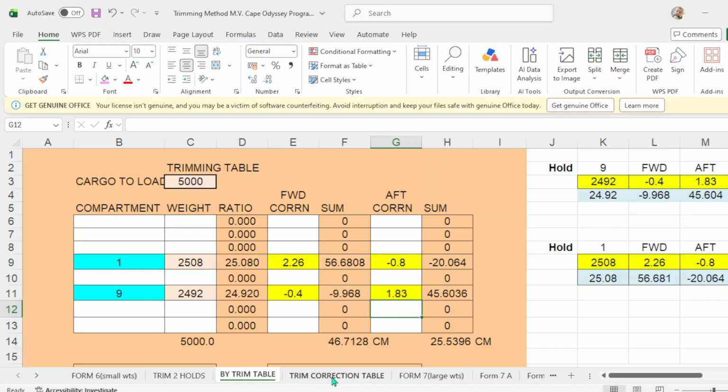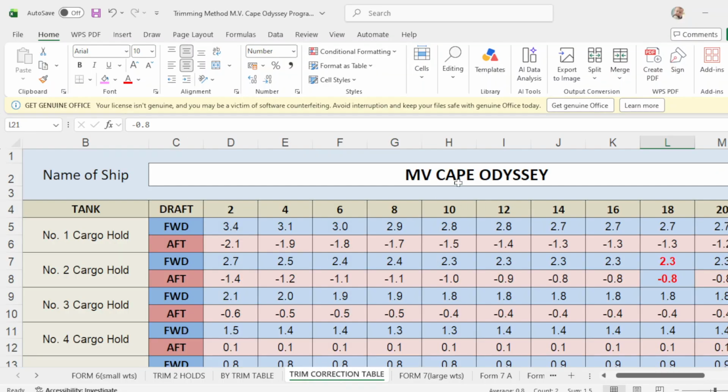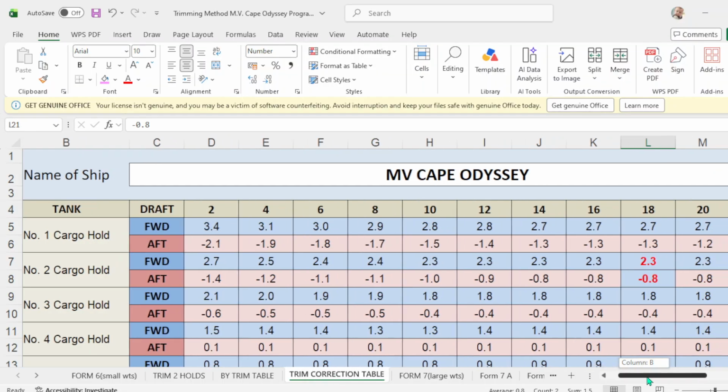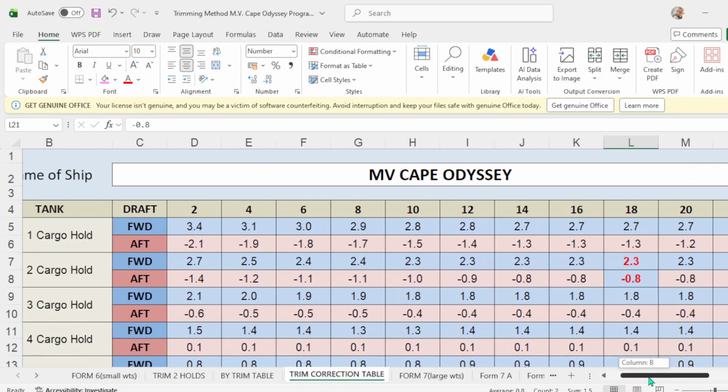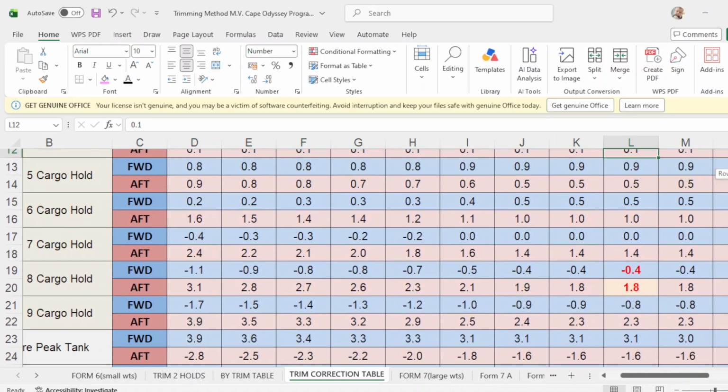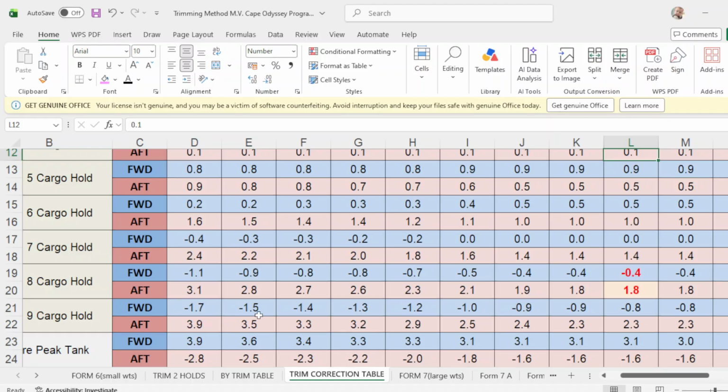So you go to your trim correction table, then your correction is hold number 1. So this one, you highlight this one to red and bold. This one, take out, make it black and automatic. Okay, so it's number 1. We go to number 9. Okay, this is number 9.